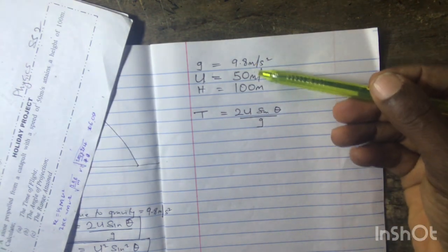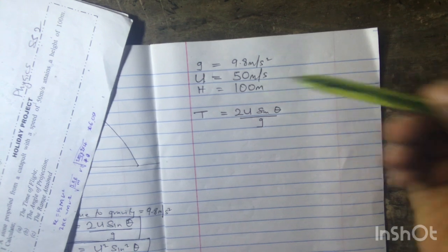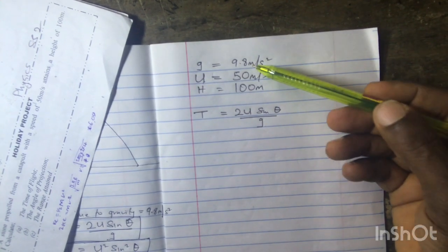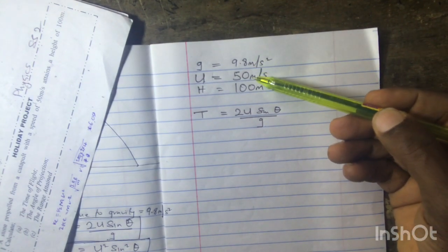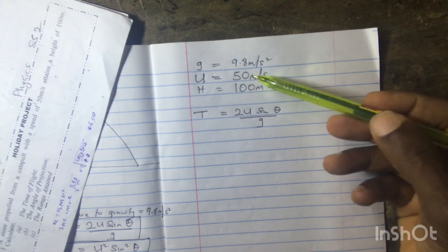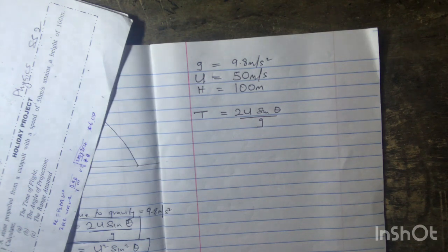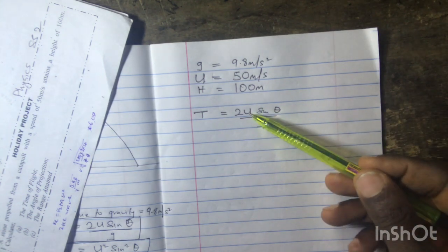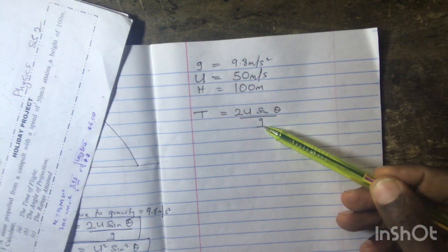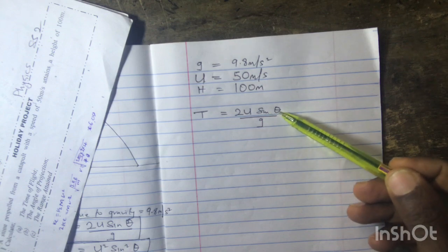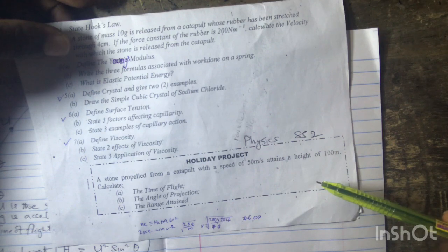They still follow meter, meter, meter. Since the constant is in meters, if these are not in meters, you have to convert everything to meters. But thank God everything is in meters. So you have the velocity, you have the acceleration due to gravity, the angle. Wow, we were not given the angle.